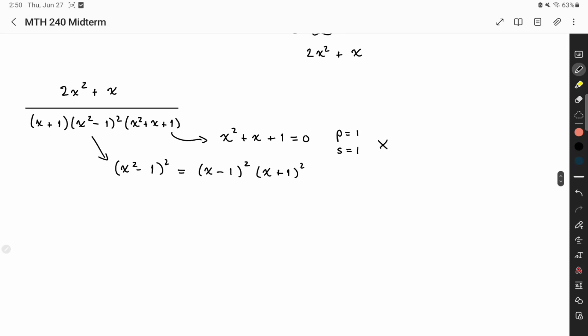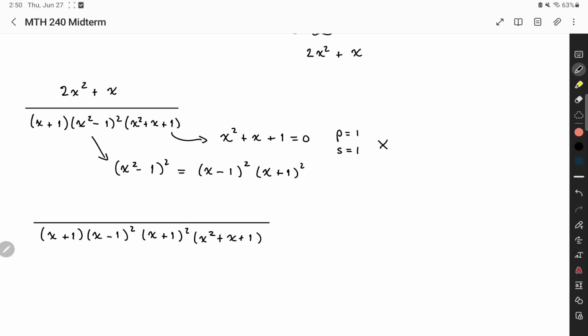So let's rewrite the denominator now. So we have x plus 1, x minus 1 squared, x plus 1 squared, x squared plus x plus 1. And you can notice that we can just group these since they're the same thing anyways.